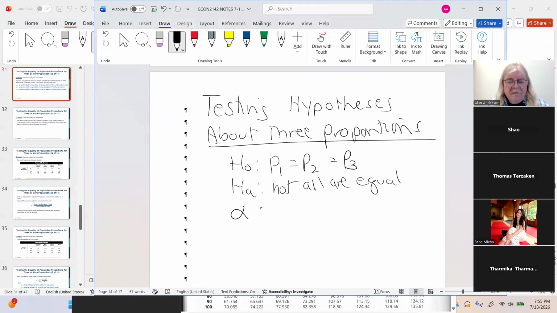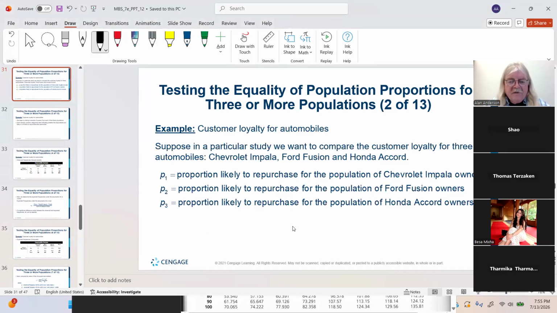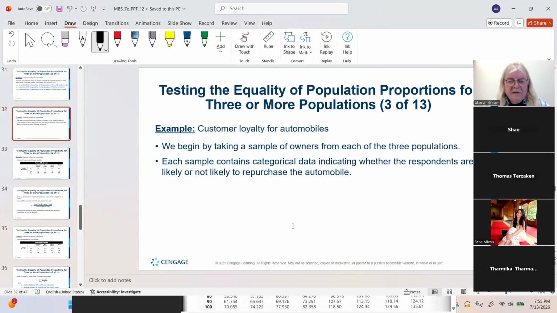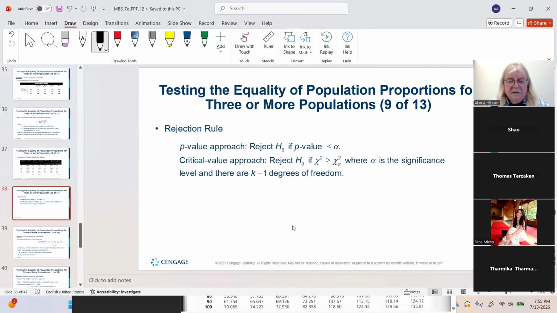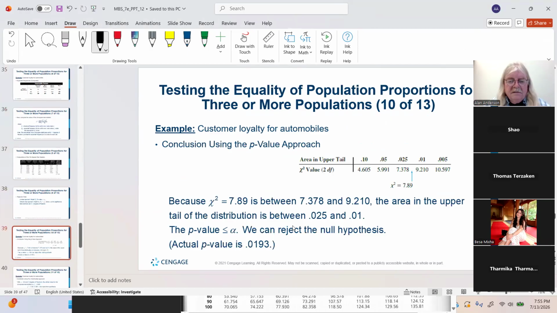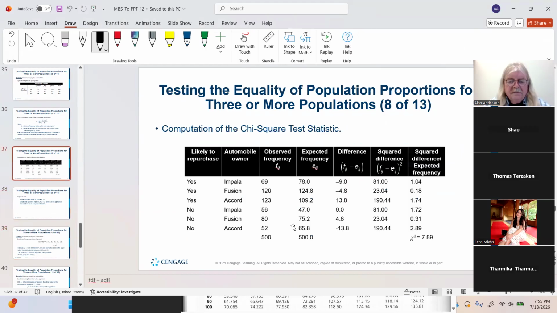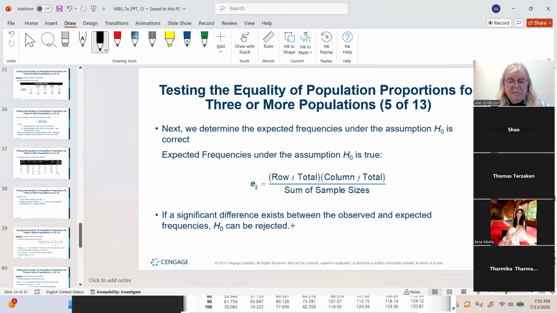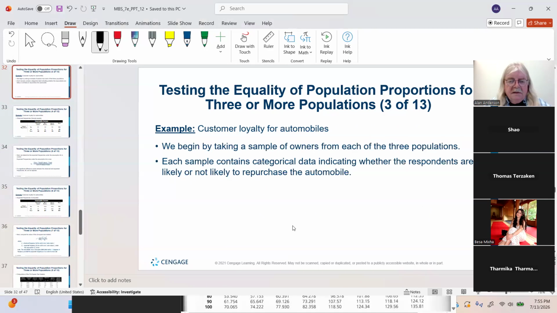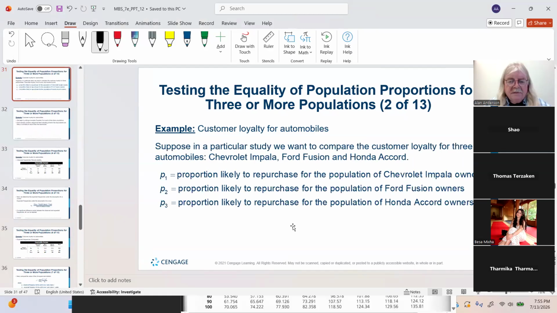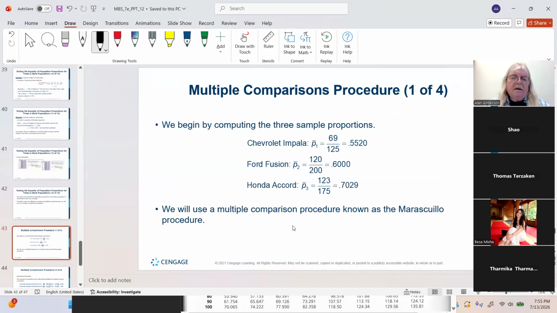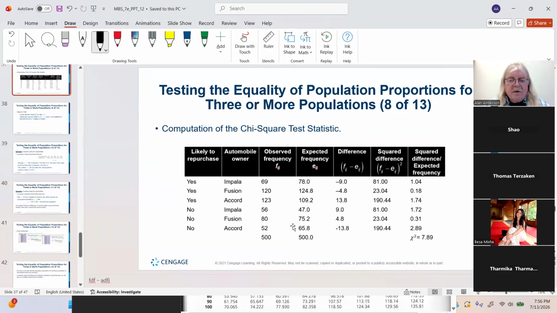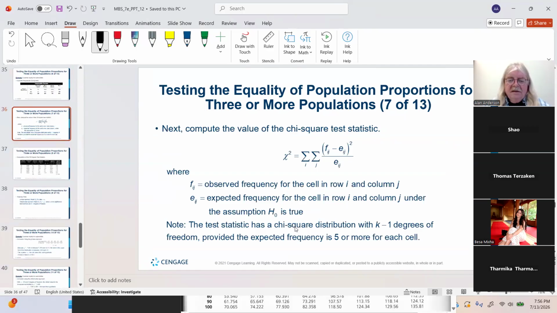For the example here, I think they want 0.05. Let's just use 0.05.